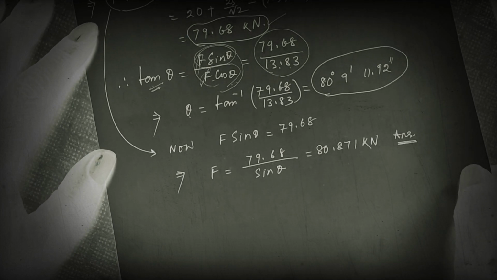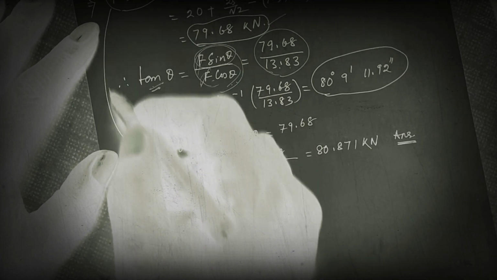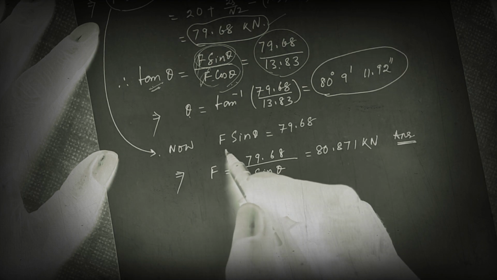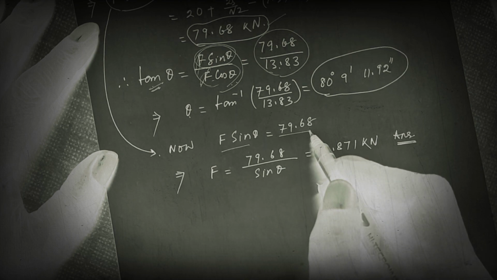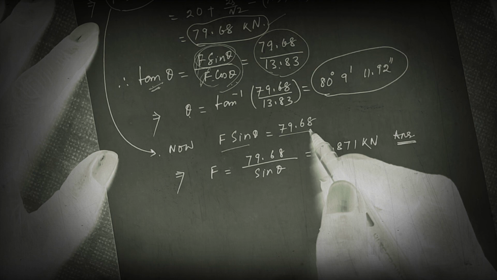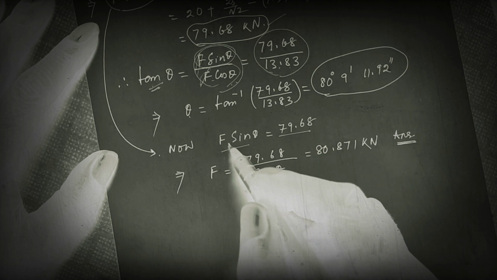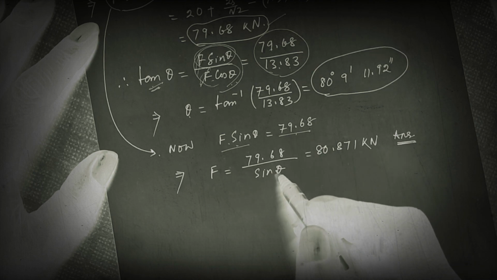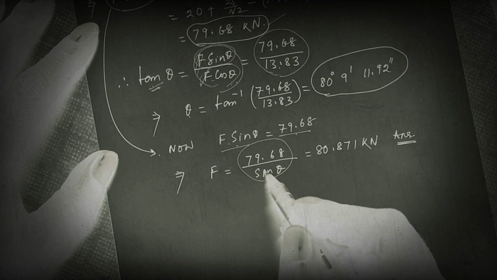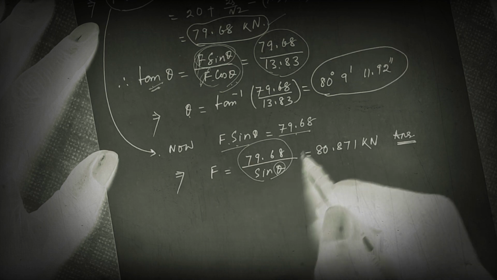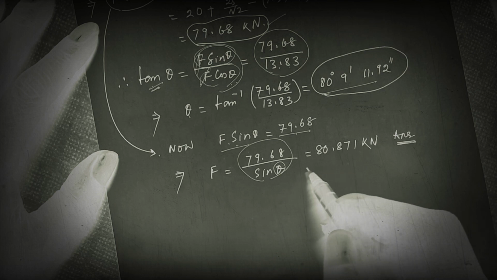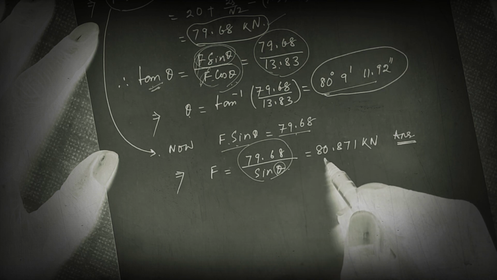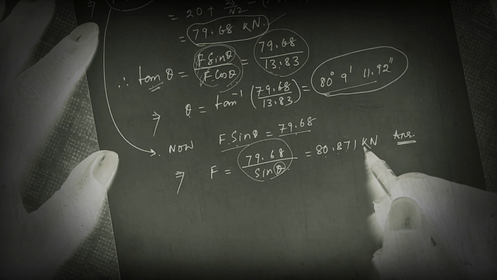Now once theta is known, F sin theta was calculated to be 79.68. So your F is equal to 79.68 over sin theta. Now put the value of theta in a scientific calculator and divide. This comes out to be 80.871 kilonewton.